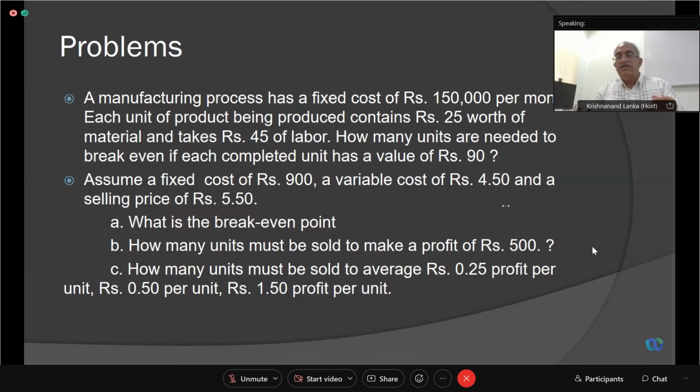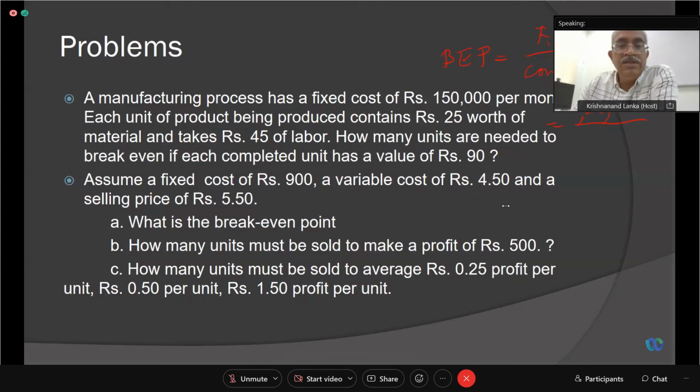See, as he said, BEP is equal to fixed cost by contribution, right? So here fixed cost is 1 lakh 50,000, divided by the contribution.